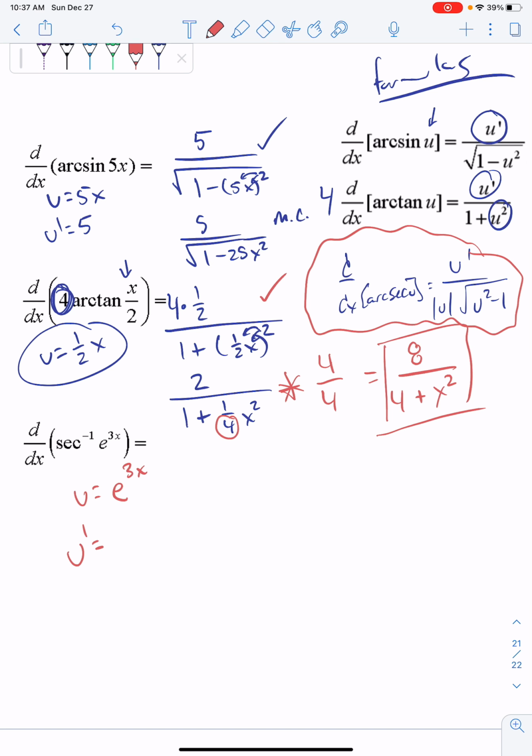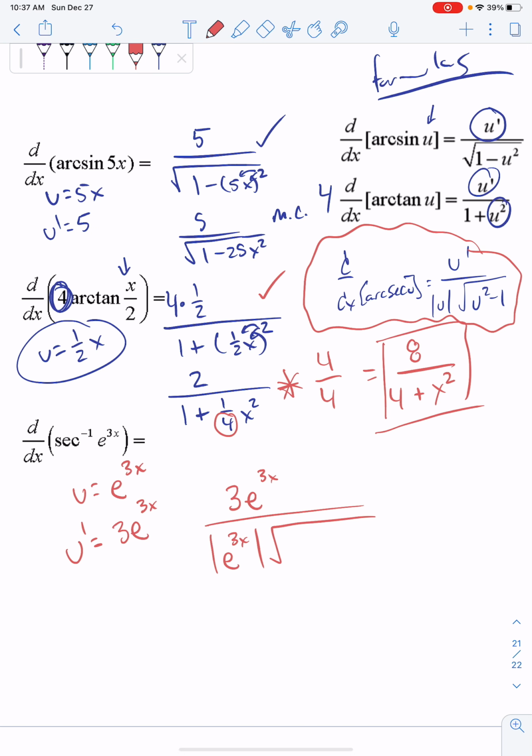So my u prime, which is just 3e to the 3x. So when I plug those into my formula, u prime goes on top, so 3e to the 3x is going to go on top. On the bottom, I'm going to take the absolute value of u, which was e to the 3x, and then I need a square root, and then I need u squared, so e to the 3x squared minus 1.